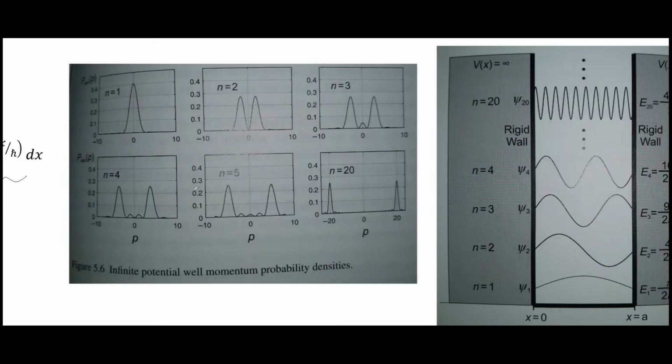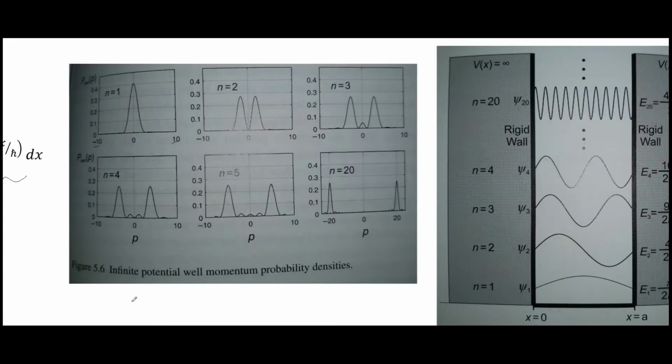And so we can see, for instance, when n equals 1, so when we're at this lowest level here, at the ground state, most of our momentum is 0. But you can see that this is a distribution, so there is some momentum that is non-zero. And we can see here that we go from negative to positive, and negative momentum just means essentially that it's moving in the opposite direction.